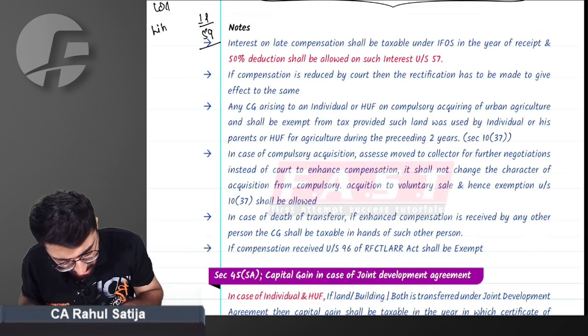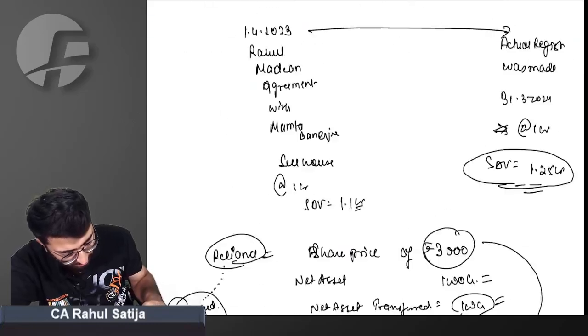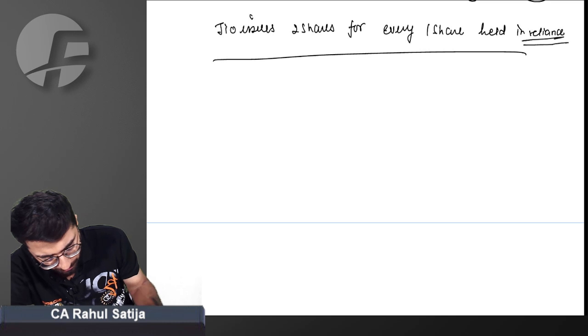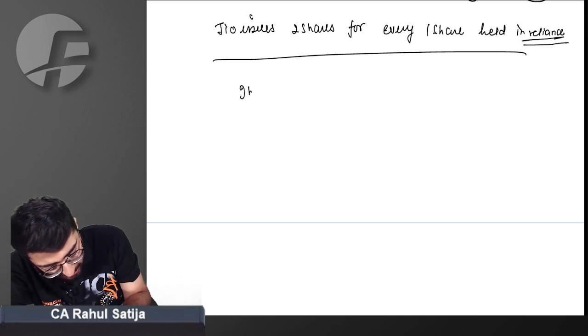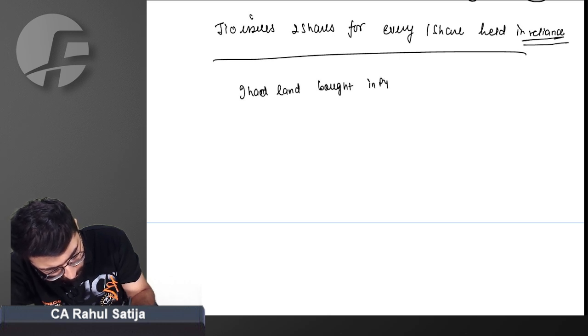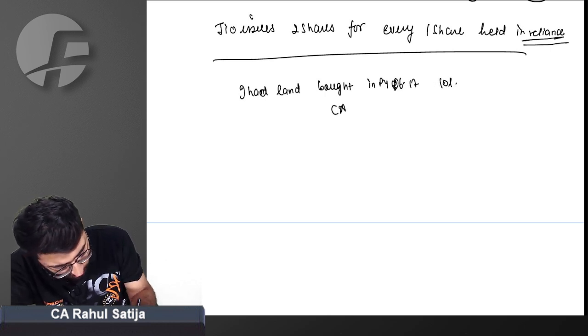Now there was a case law. I want you to go with the flow. I had a land bought in previous year 2016-17 for 10 lakh, compulsorily acquired in previous year 2021.